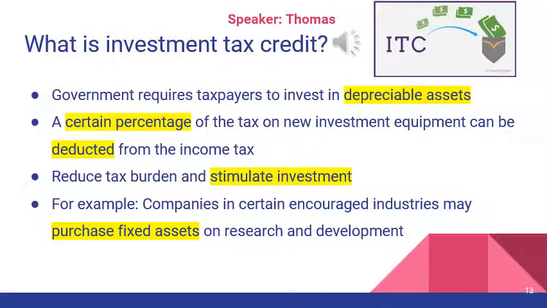The government requires taxpayers to invest in depreciable assets. A certain percentage of the new investment requirement can be deducted from the income tax for that year to reduce the tax burden and stimulate investment.